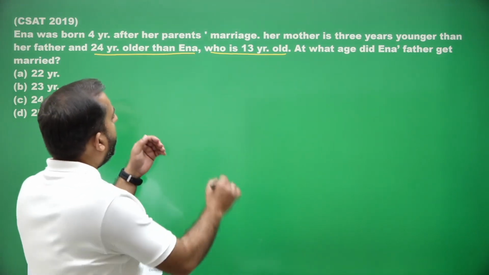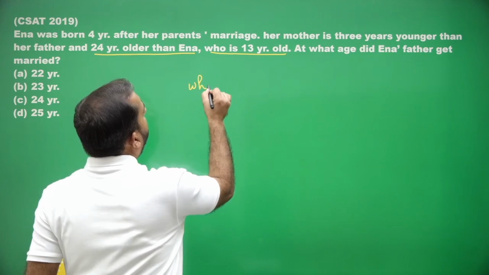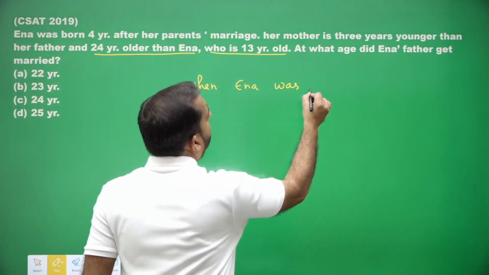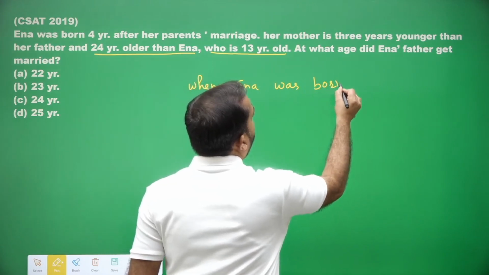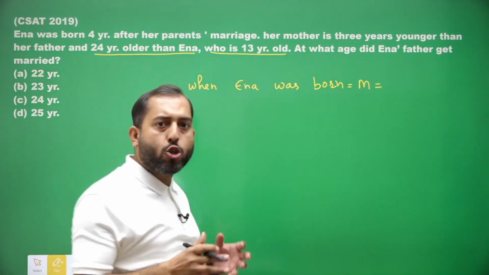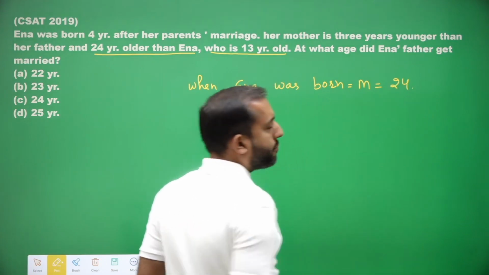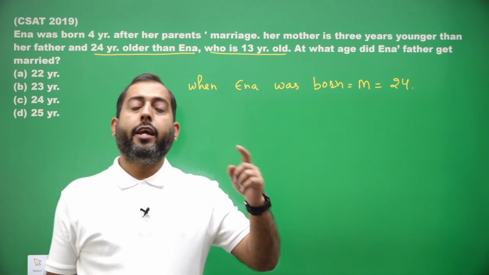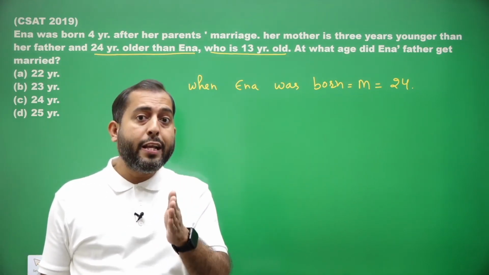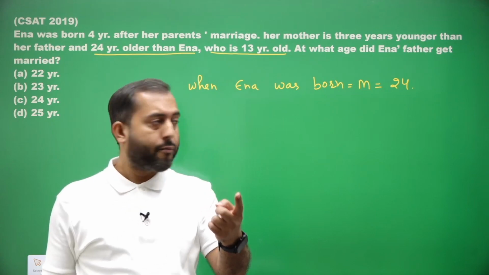So, when Ina was just born, at that very time, age of her mother should be 24. Because Ina's mother is 24 years older than Ina, it means when Ina was just born, age of her mother should be 24.